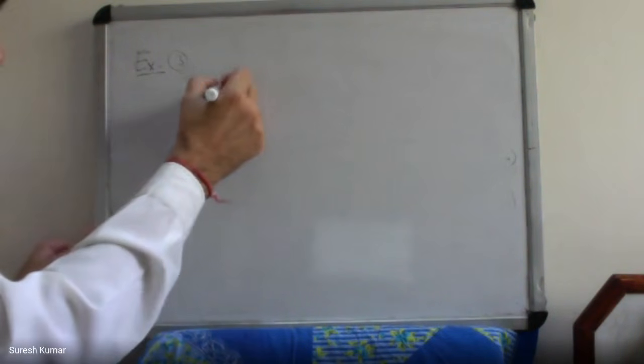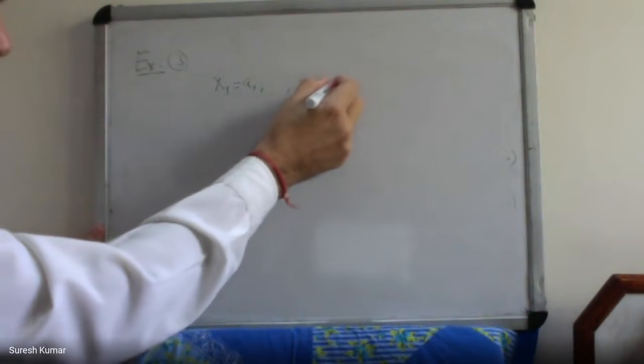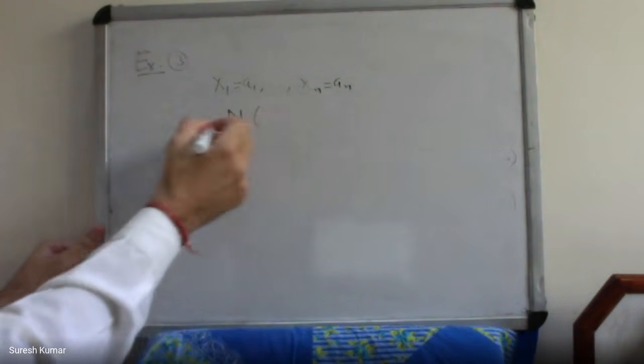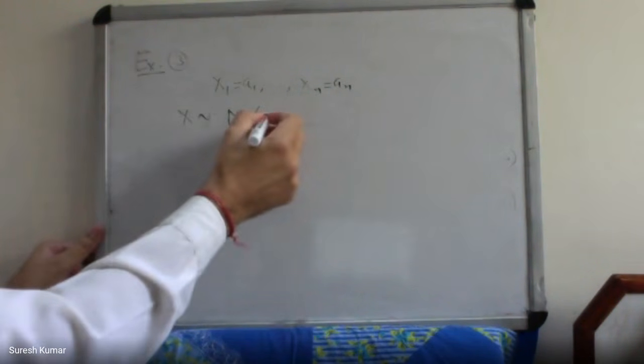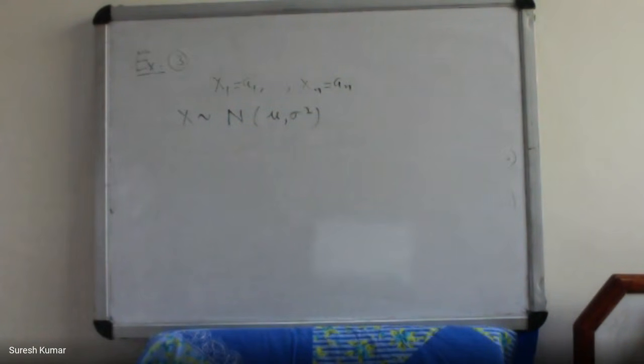Suppose a random sample x1 equal to a1 and so on xn equal to an is taken from a normal population with mean mu and variance sigma square. Here random sample values a1 to an are given to you. Find ML estimates of mu and sigma square from this sample information.